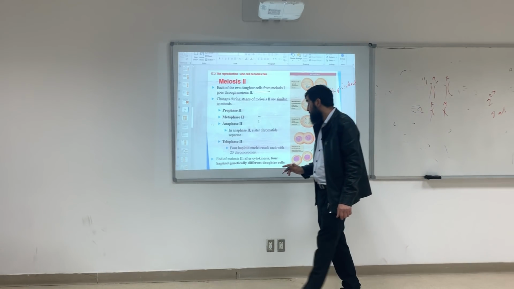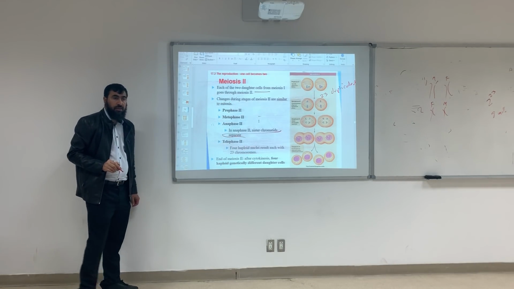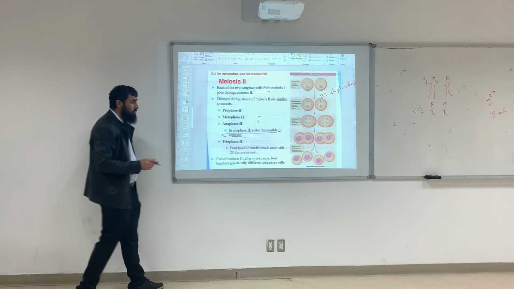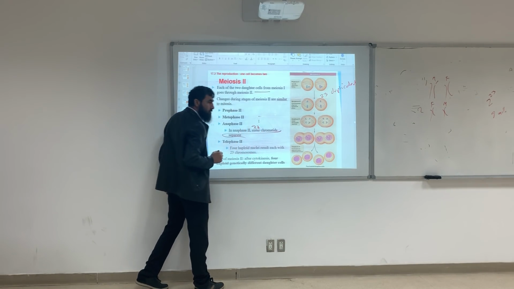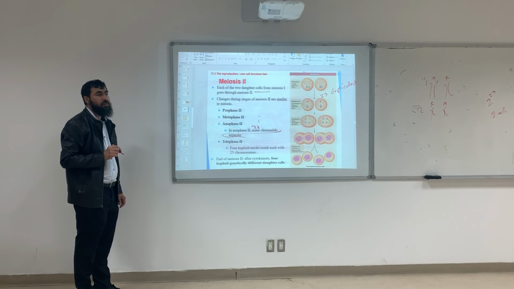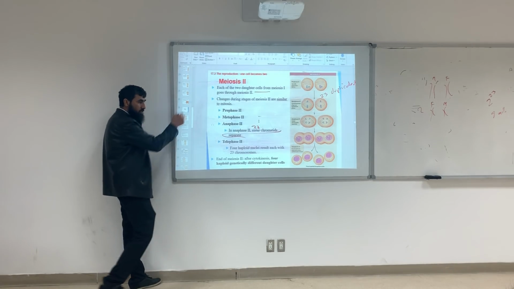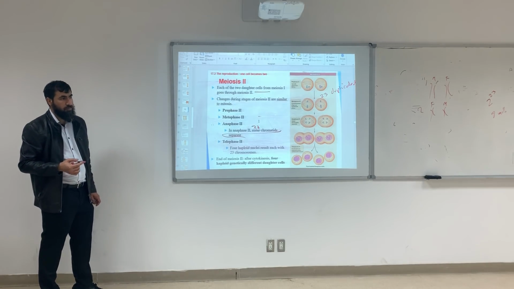This is just completely like mitosis, except 23 duplicated chromosomes, not pairs. In mitosis, 46 chromosomes, not pairs, will line up.